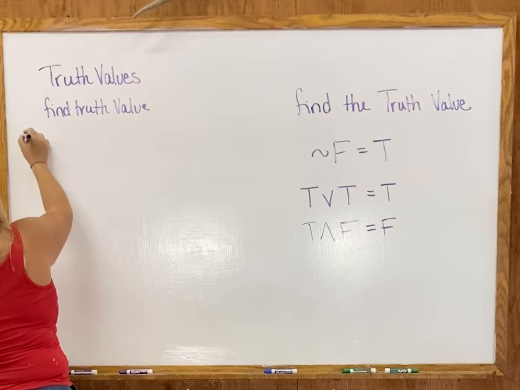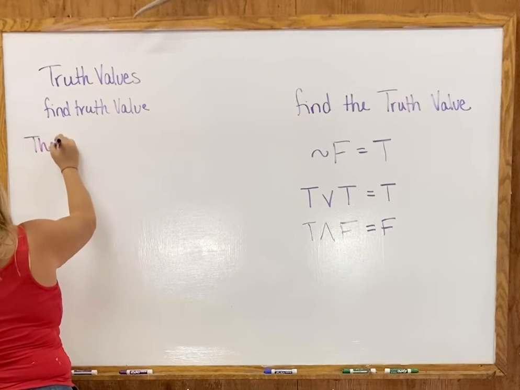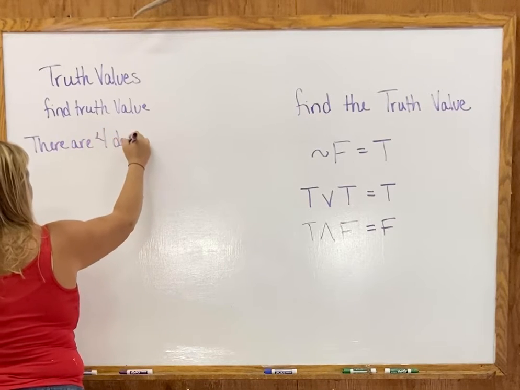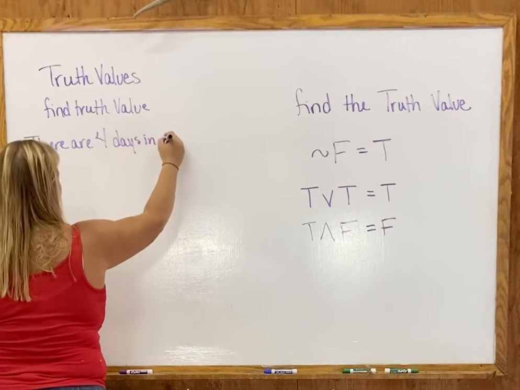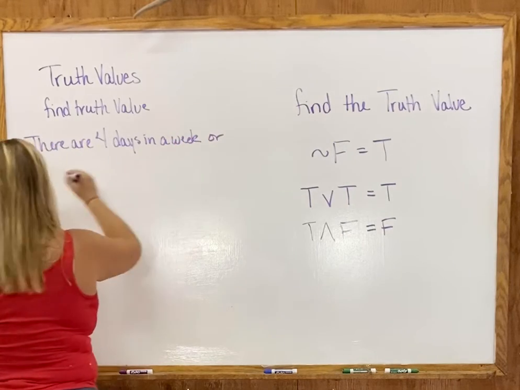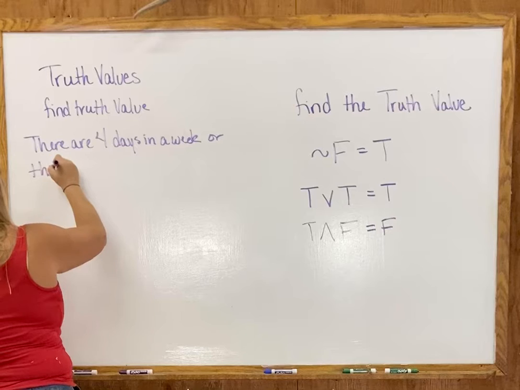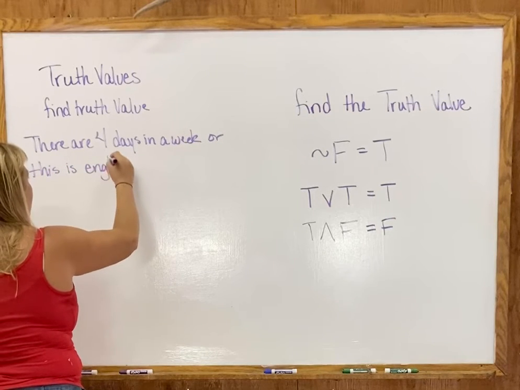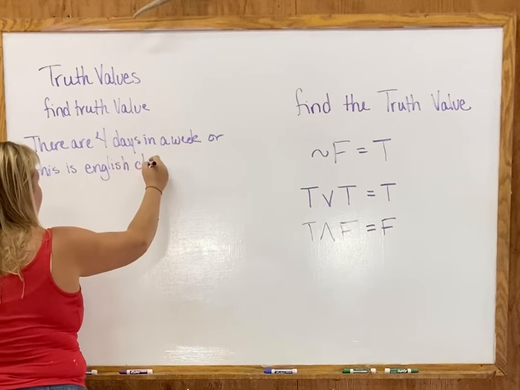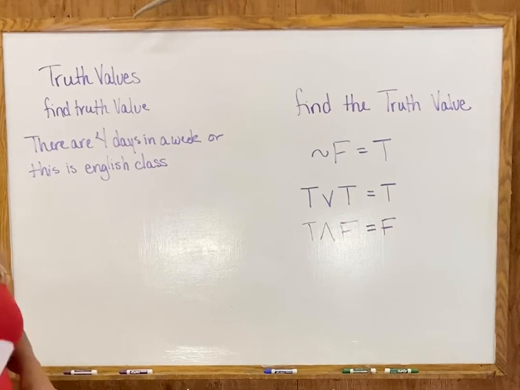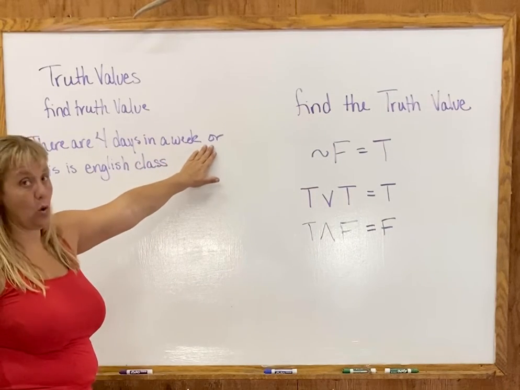So this first statement says, there are 4 days in a week, or this is English class. So do we see that there are two statements there combined with the word or?